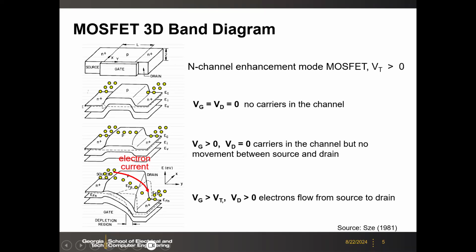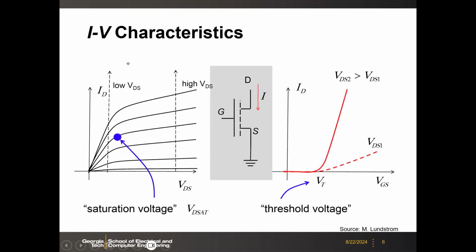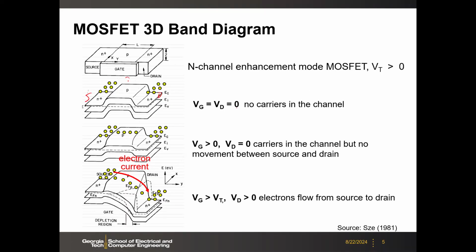But anyway, here the source and the drain, and then PN junction, right? So then the gate has the higher energy potential. So this is for NMOS, okay? When the gate voltage is 0, then source and drain, you have a lot of electrons, and they are separated by the channel region, which has higher potential. There's a barrier here.